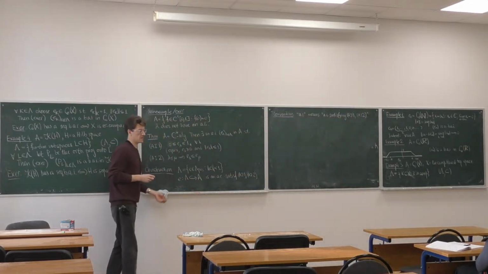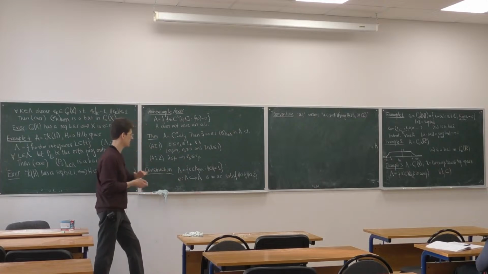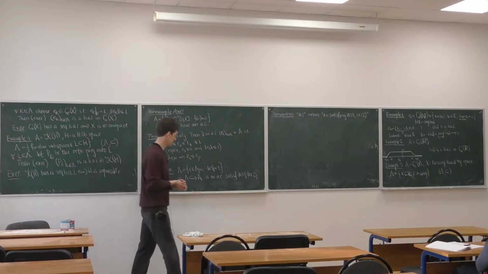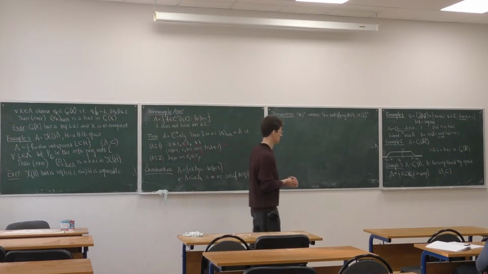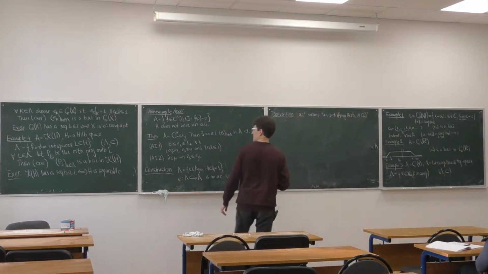Well, of course, the approximate identity which is constructed in the proof here is very big. So this set is very big. But in concrete cases, we can often find a much more manageable approximate identity, like, for example, in example 3 or in example 4.